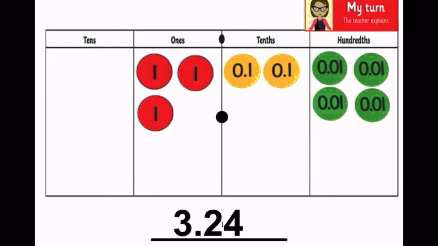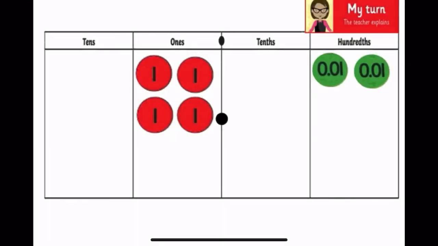Let's have a look at another one and then you can have a go at some yourselves. So here we have 4 in the ones column. We don't have any tenths in this one, and we've got 2 in the hundredths column. So I'm going to need to use my 0 card here again to show 0 tenths. The 0 is being used as a placeholder here.